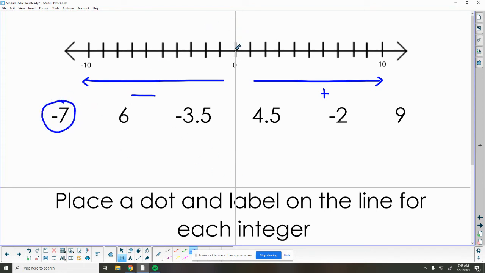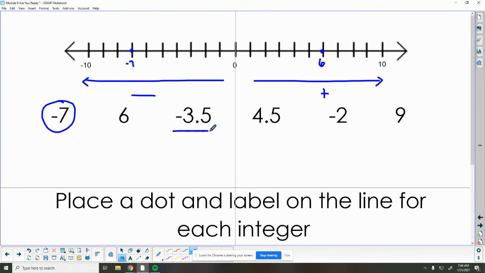We always want to start at our origin of 0. So -1, 2, 3, 4, 5, 6, 7. So I'm going to place that dot and label it -7. Here, remember, when we don't have any sign in front of it, that means it's positive. So starting at 0, 1, 2, 3, 4, 5, 6.